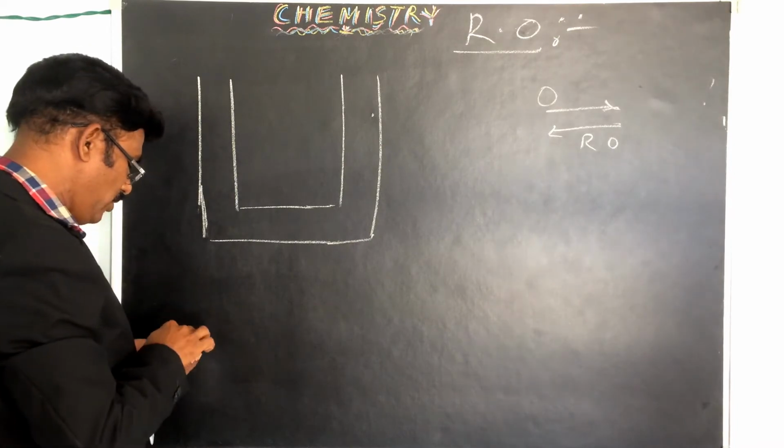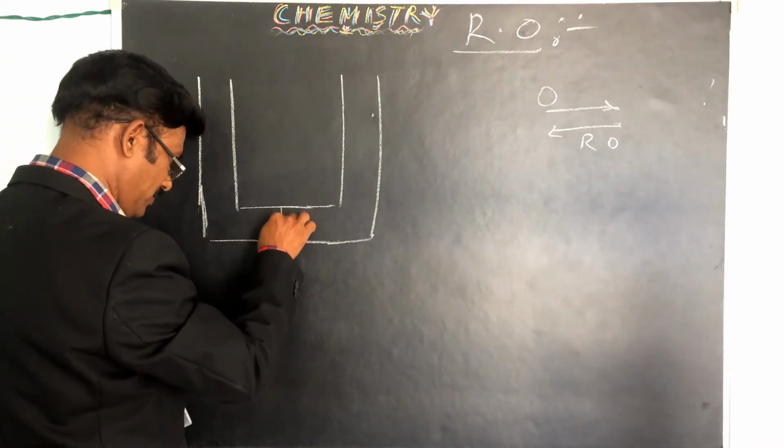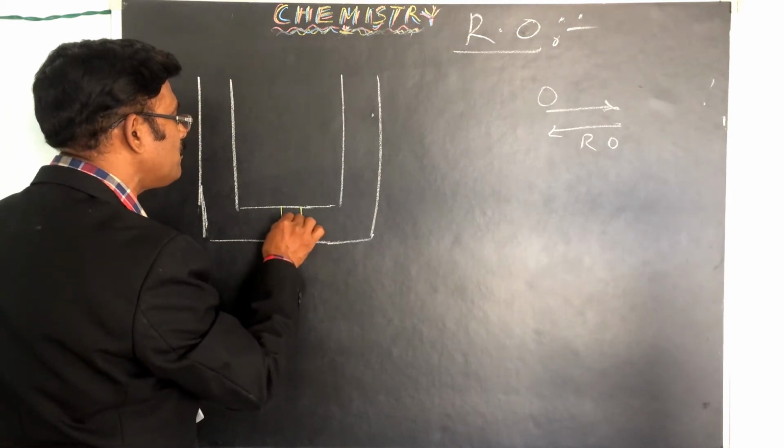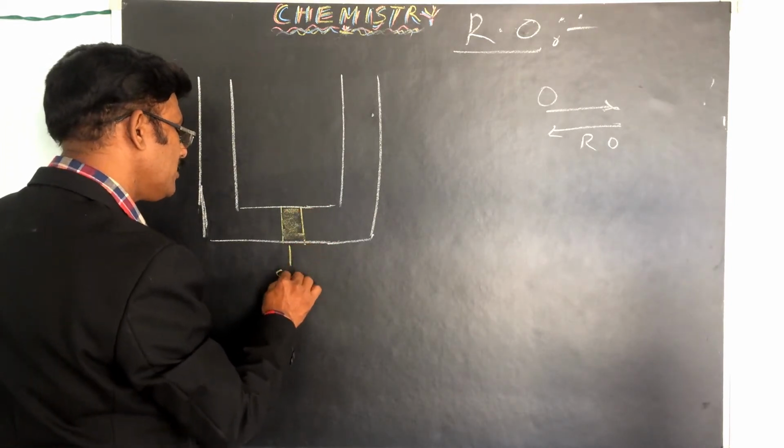This is the diagram for osmosis. This is the semi-permeable layer.